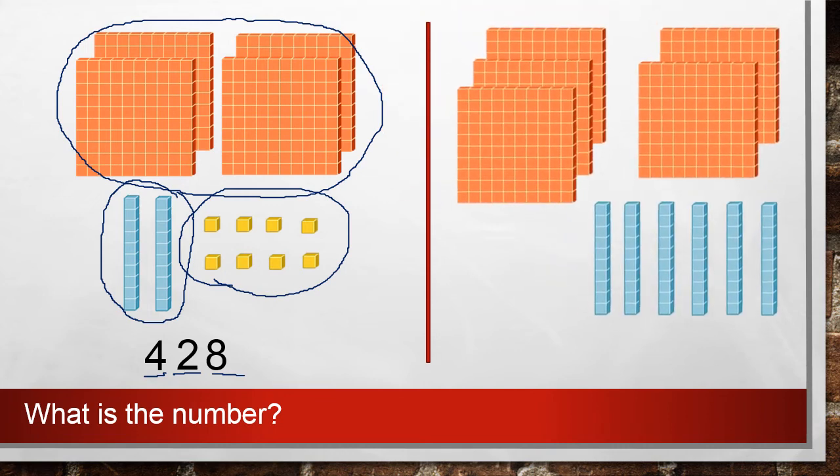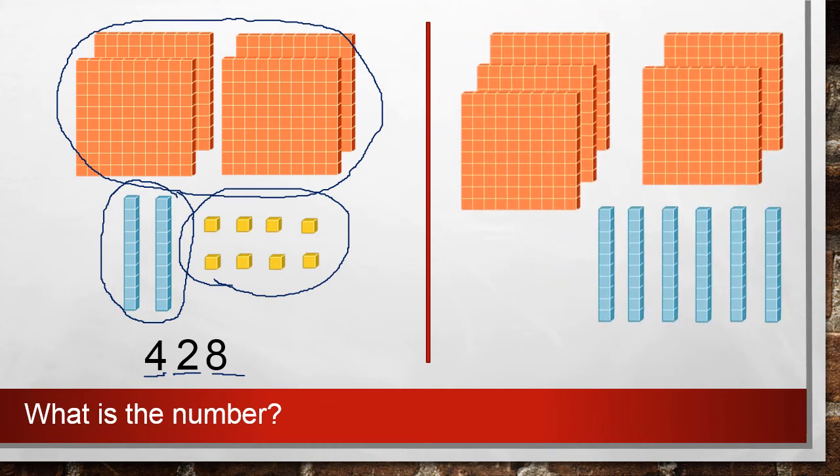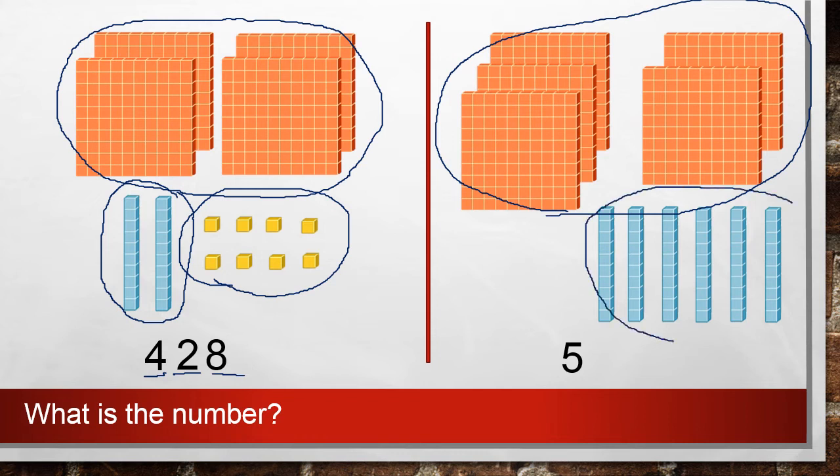Second one. Can you tell me the number? Alright, let's look at the answer. We begin with the hundreds block first. How many hundreds block? Yes, we have 5 hundreds. What about tens?